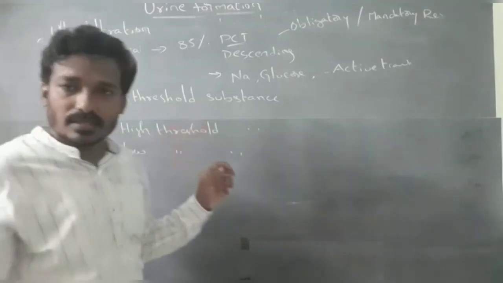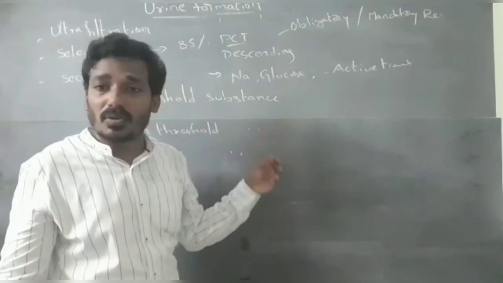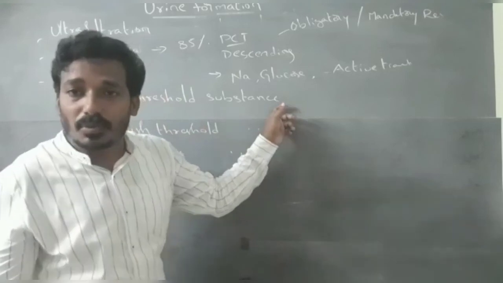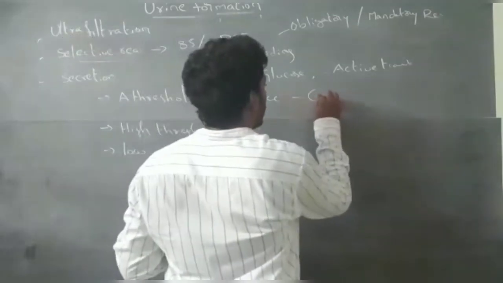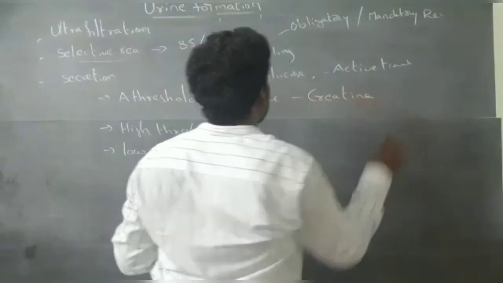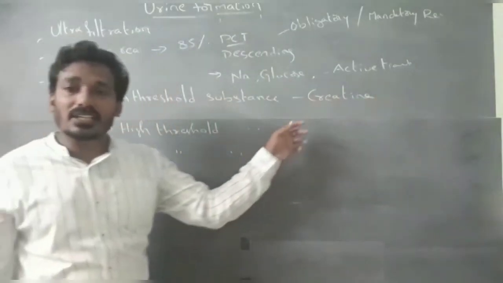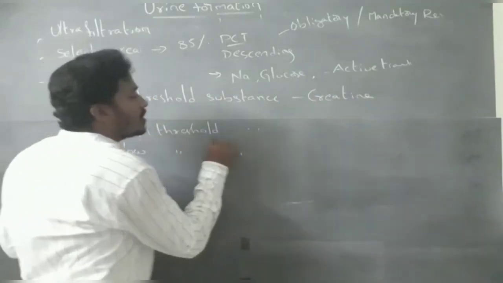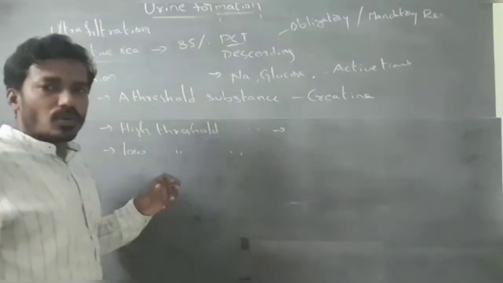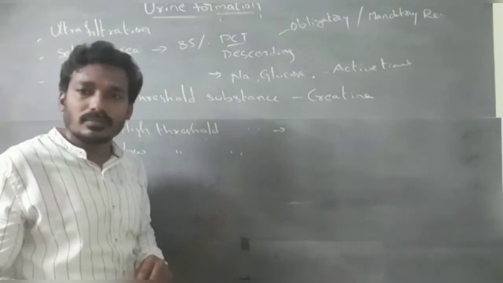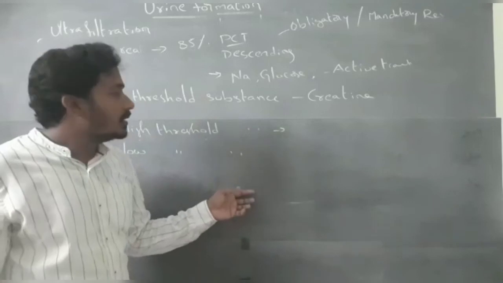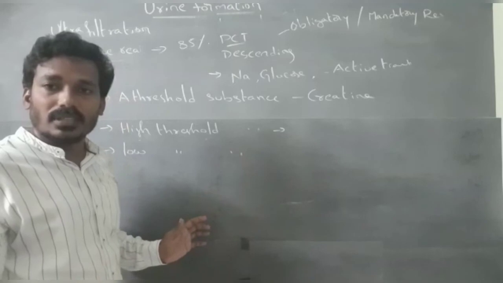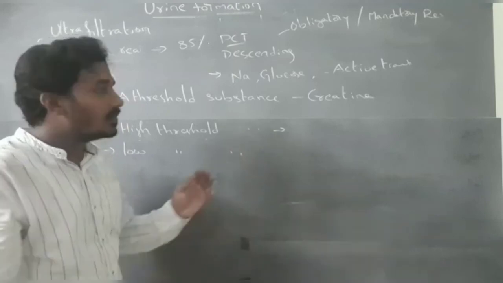Non-threshold substances are not necessary for the body. These are the original excretory substances, for example creatinine. Next, high threshold substances are more essential for the body, so they are highly reabsorbed into the blood from the tubule.